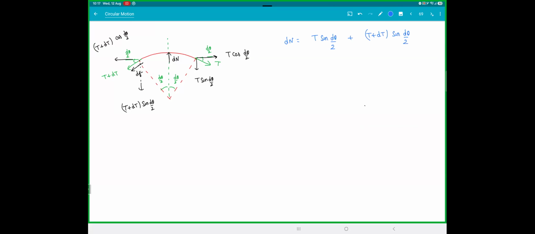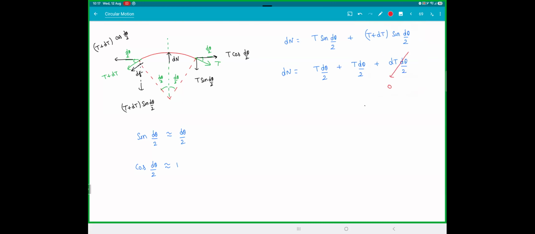For small angles, I can write sine d theta by 2 is d theta by 2. In this thing, these approximations are the key. And cos d theta by 2, d theta is so small, cos d theta will be approximately 1. It's like cos 0. So we get dN will be T d theta by 2 plus T d theta by 2 plus dT d theta by 2. Now d theta is very small and you're multiplying another dT. This will tend to 0.